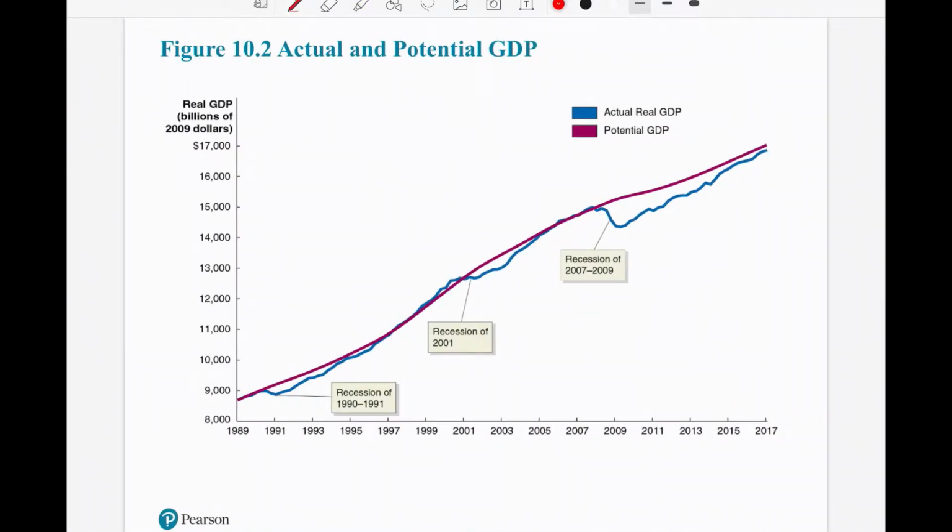This table illustrates that oftentimes we're not producing at our potential. Sometimes our actual real GDP, so actual GDP is denoted as Y sub A, and we have our potential GDP as Y sub P. So sometimes our actual GDP may be below our potential. So right here, we see that our actual output is less than our potential. When this occurs, that normally means that there's a recession.